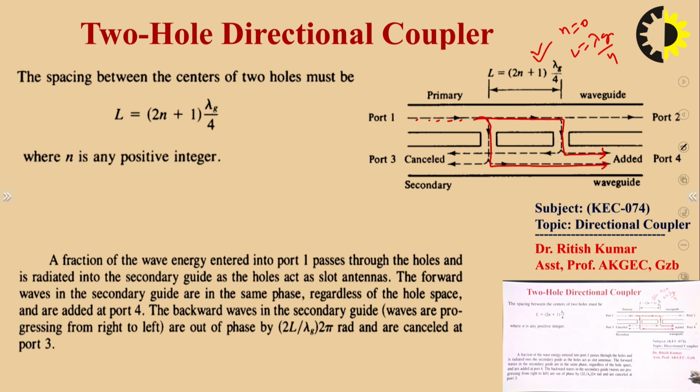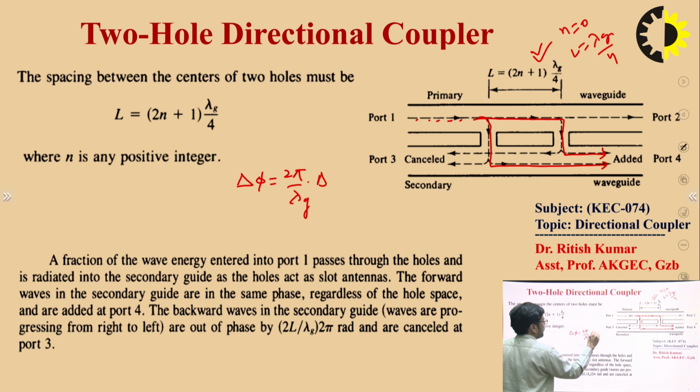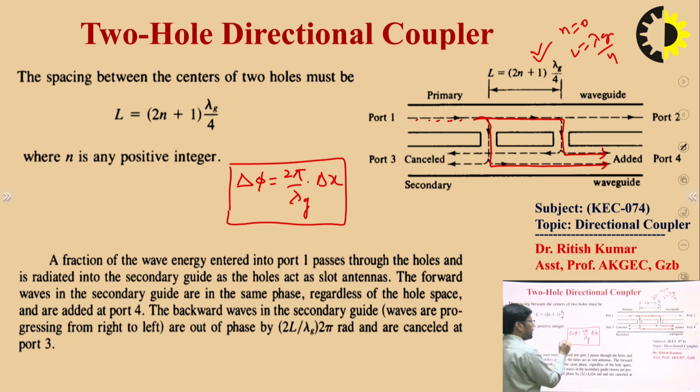So we need to understand the path difference or phase difference. The relation is phase difference equals 2 pi by lambda g into path difference, right? So you need to understand what path difference or phase difference you will get at port number 4.